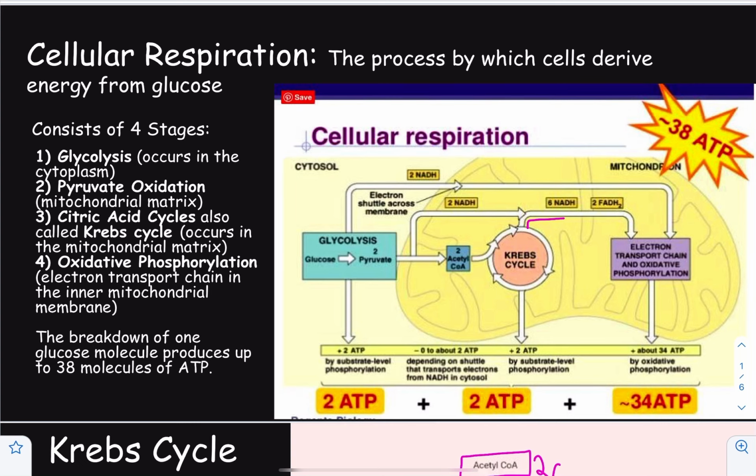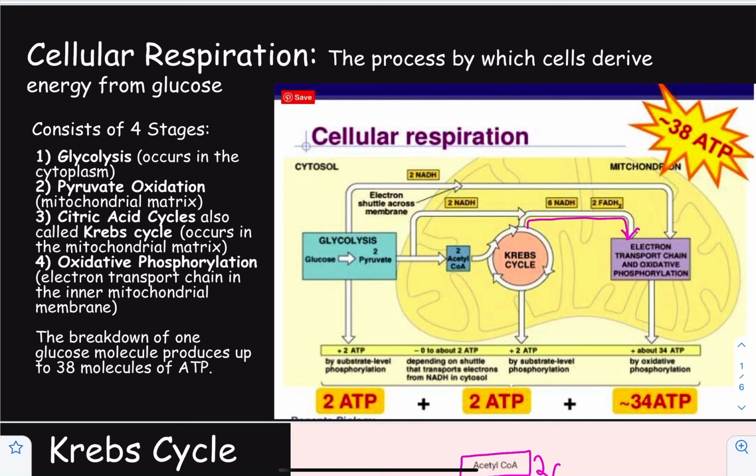The purpose is to produce these energy carrier molecules and send them to the electron transport chain to power it up to produce ATP, to power up the ATP synthase. The electron transport chain and oxidative phosphorylation will be in the next video.